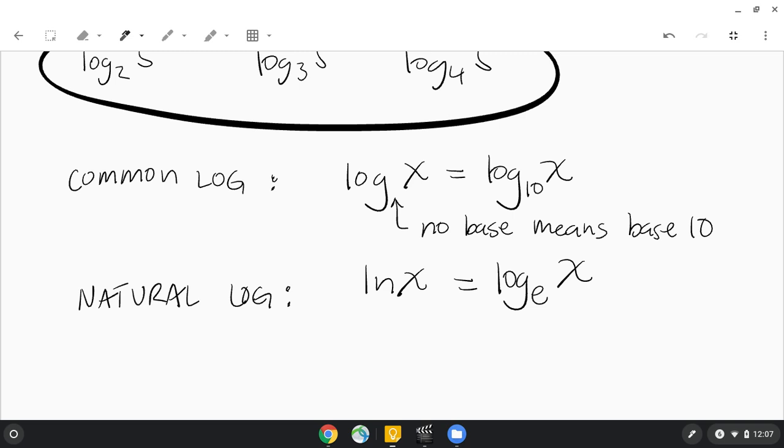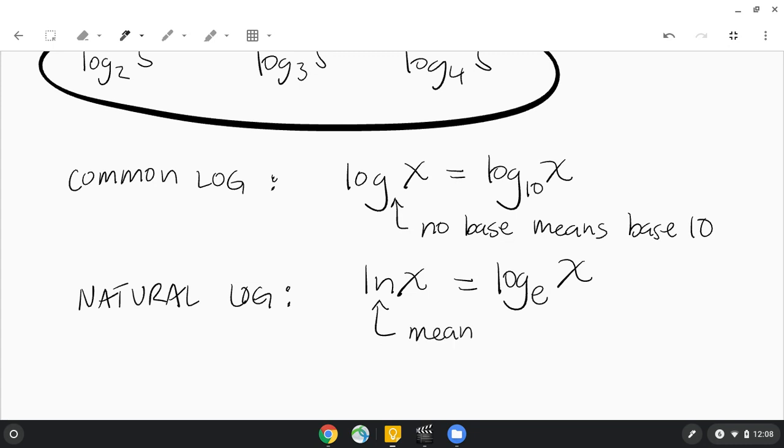It's called the natural log because a lot of problems in nature can be solved or modeled using the natural log, like population growth, the way viruses grow, the way radioactivity decays.